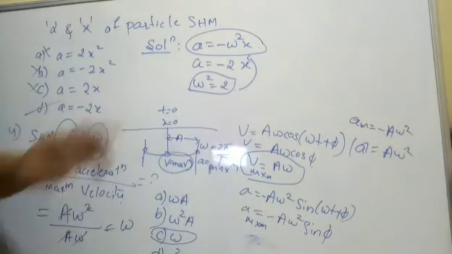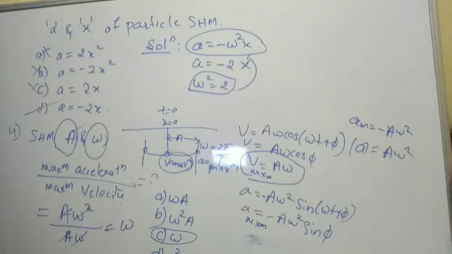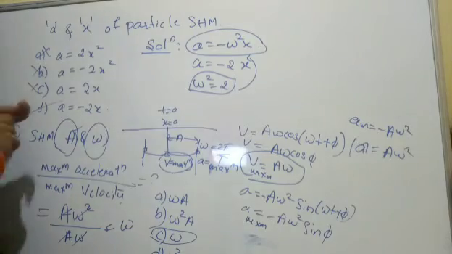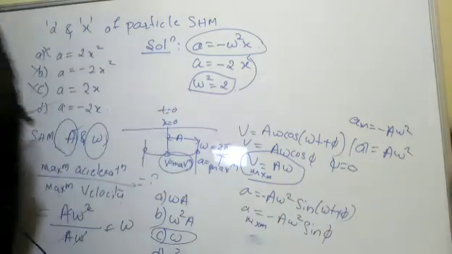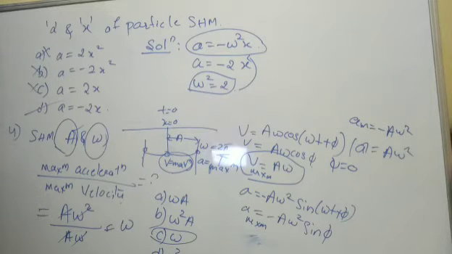We have that equation: velocity is a omega cos(omega t plus phi). It will be maximum when cos phi is equal to 1, that is cos 0, when phi is equal to 0. So when phi is equal to 0, we just begin the simple harmonic motion from the mean position. At that time t is equal to 0 and it is not making any angle here. So that's why a omega is the maximum velocity for the particle executing simple harmonic motion at the mean position.